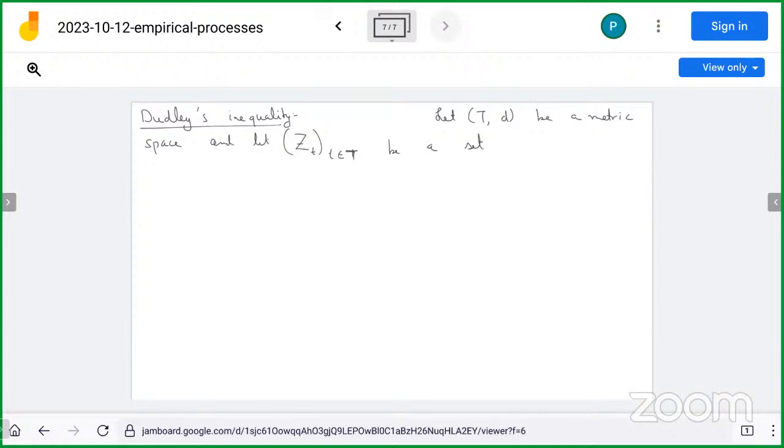It will be implied that they are sub-Gaussian, but say random variables such that for every s, t in T, Z_t minus Z_s is C times d(s,t) sub-Gaussian.